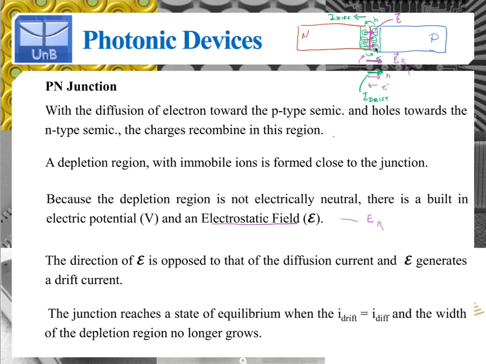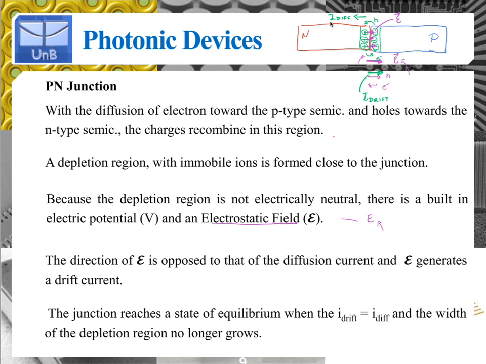As time goes by, the junction will reach a point where there is a state of equilibrium. So when the drift current is equal to the diffusion current, you have the same amount of free carriers moving from right to left as you have carriers moving from left to right. When this occurs, the depletion region will no longer grow because, with the diffusion of carriers, the region started growing from the junction.